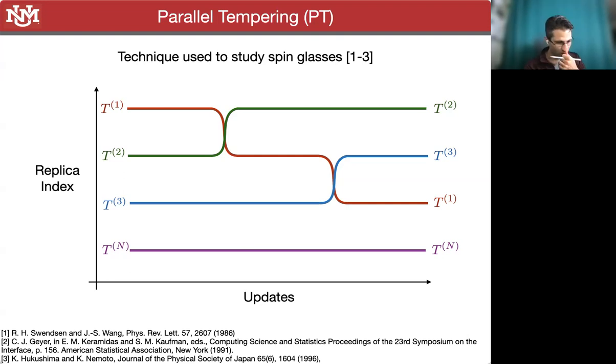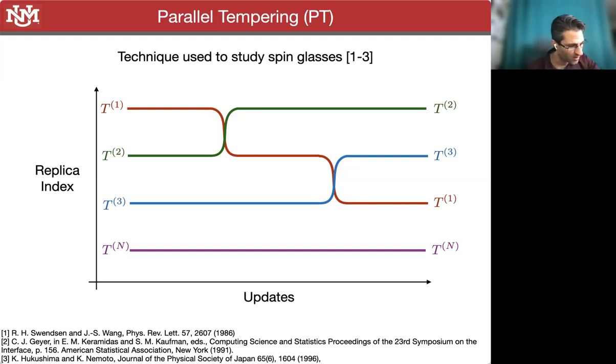Now you might ask, why does this method work? One way to think of it is that the copies, or the replicas, of your system that are evolving at high temperature see a free energy landscape that's basically flat. So they're able to explore the landscape of configurations easily.